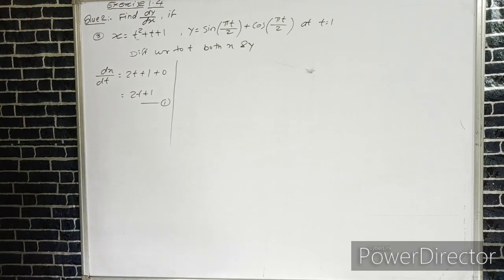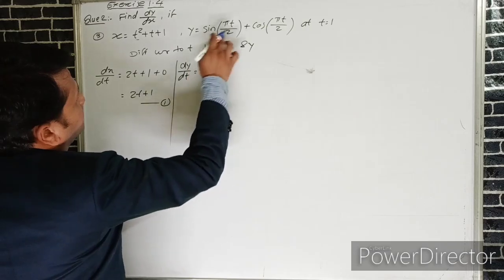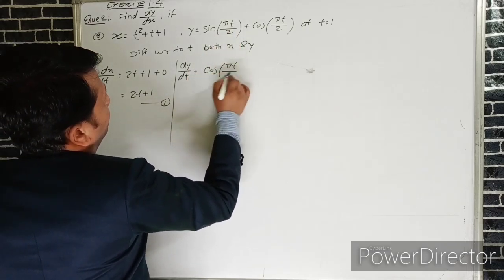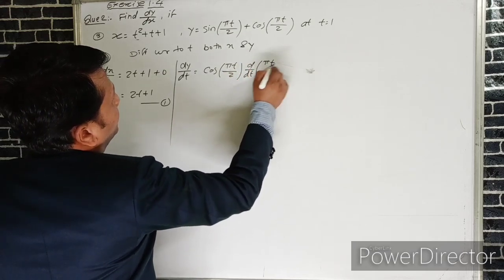After that, derivative of y, which is dy by dt, is equal to derivative of sin of pi t upon 2, which is cos of pi t upon 2, and we take again the derivative of pi t upon 2.